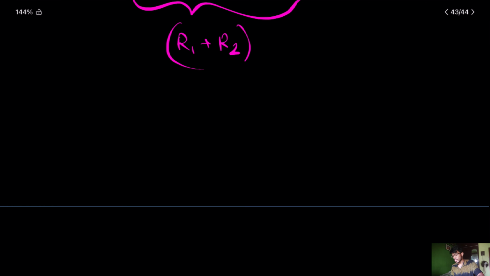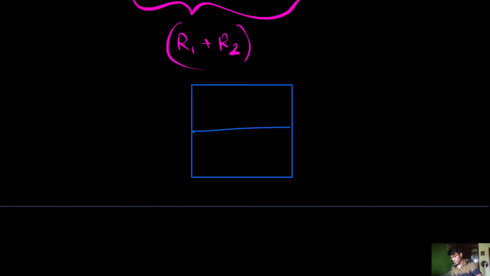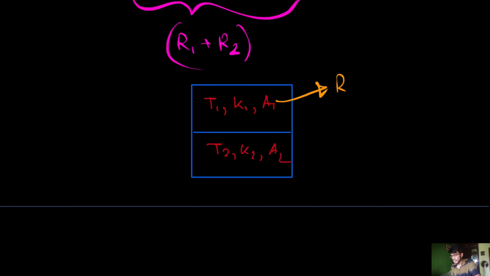Here the blocks are in series. So instead of that, if I had the situation like this, this is my block 1 having T1 K1 A1 and this is having T2 K2 A2. Okay, so this is having thermal resistance R1 and this is having thermal resistance R2.